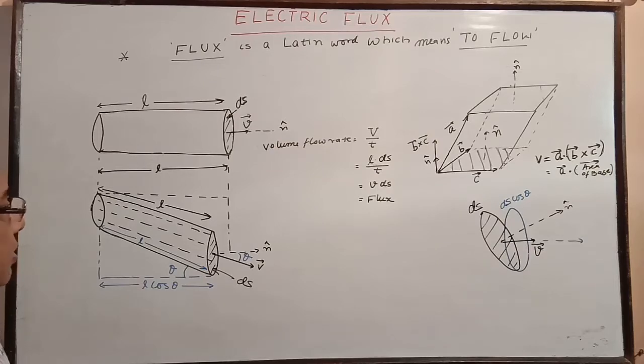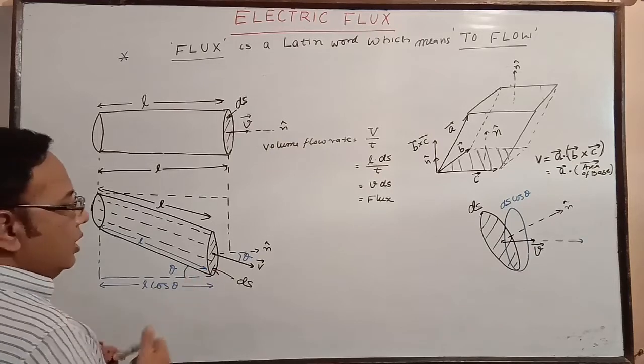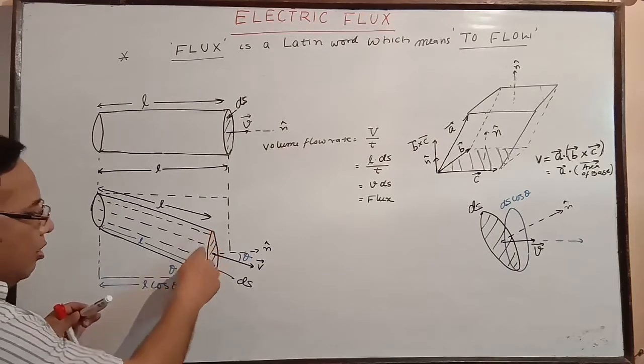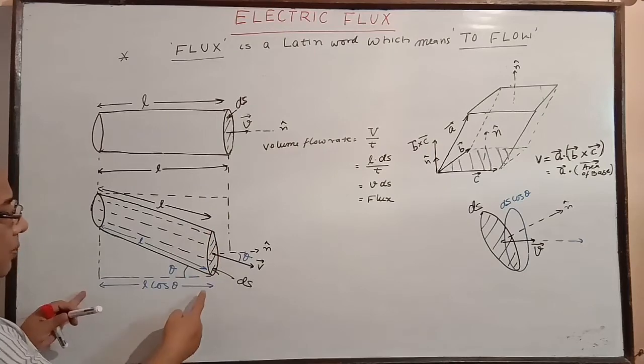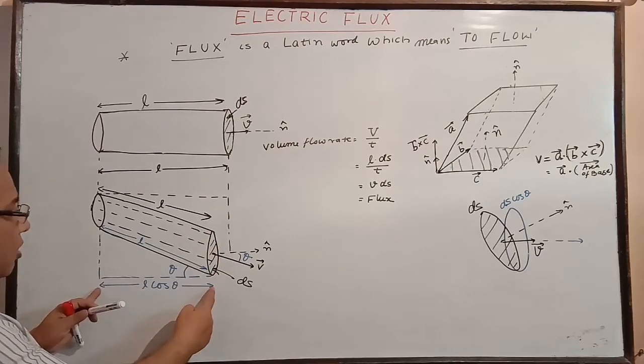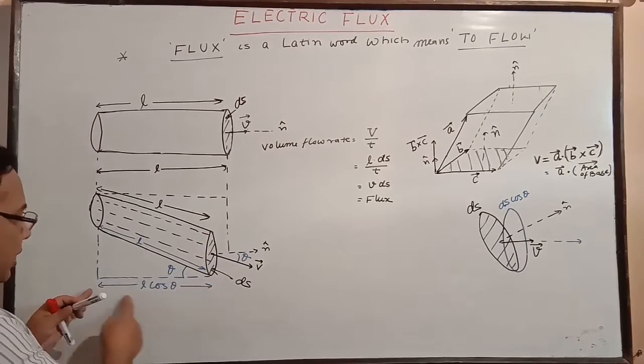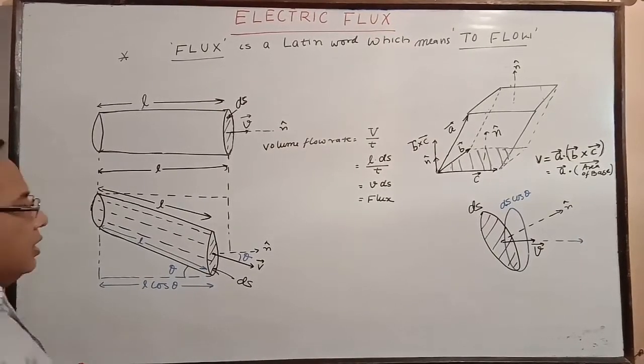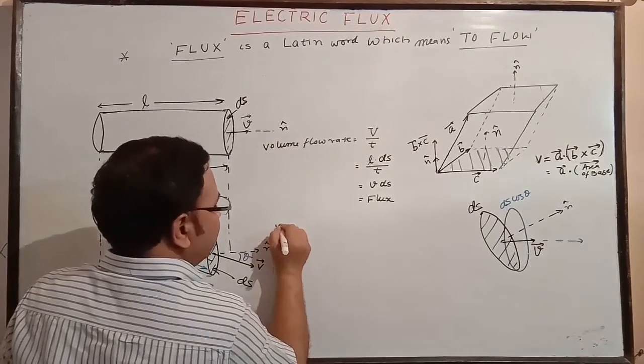Then in that case, the volume flow in a time will be the area of cross section multiplied by the length or the height of the equivalent body.